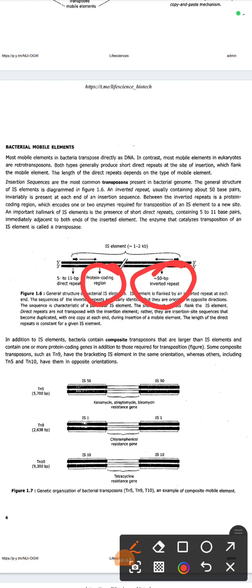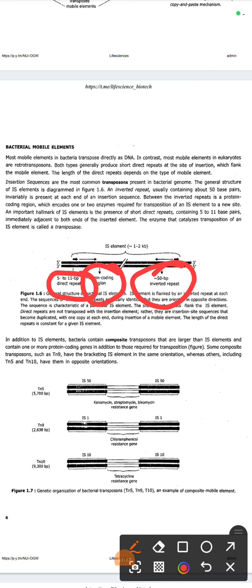An important hallmark is the presence of a short direct repeat of 5 to 11 base pairs, adjacent to both ends of the inserted element.